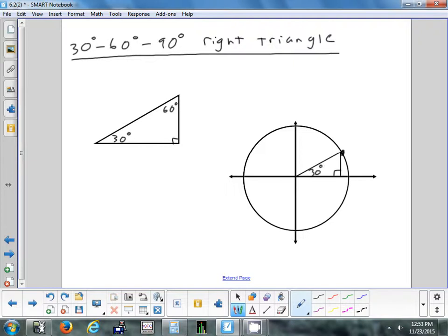So that's my 30. And how do I know the top angle has to be 60? Because 30 and 90 is 120, so 180 minus 120, since all the angles in the triangle have to add up to 180. So that has to be your 60. Questions on the diagram so far?